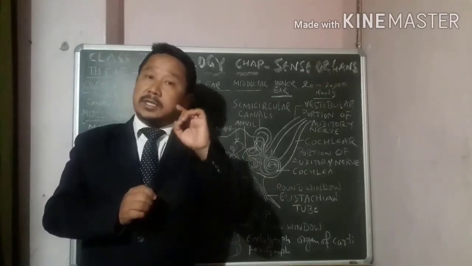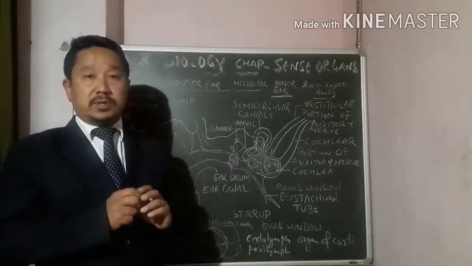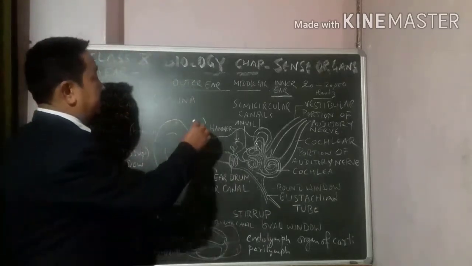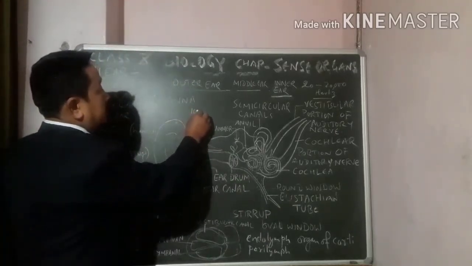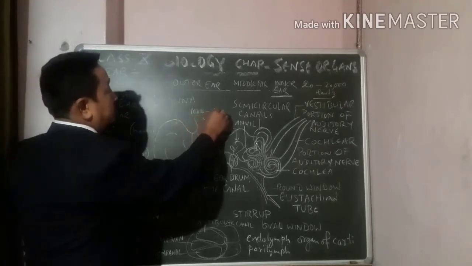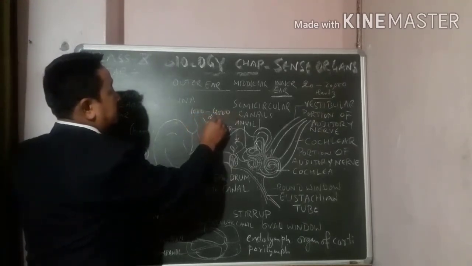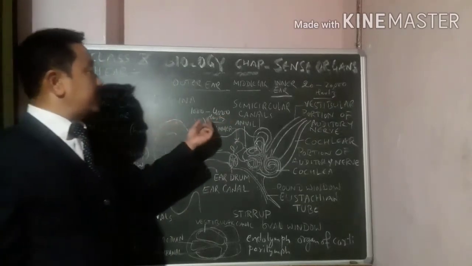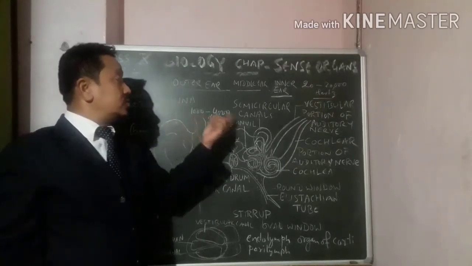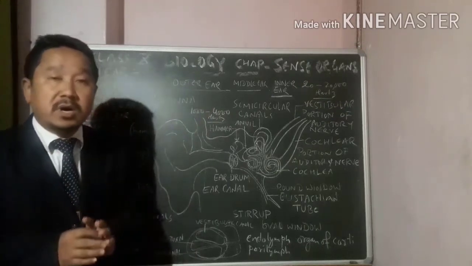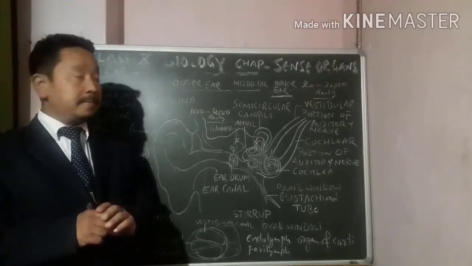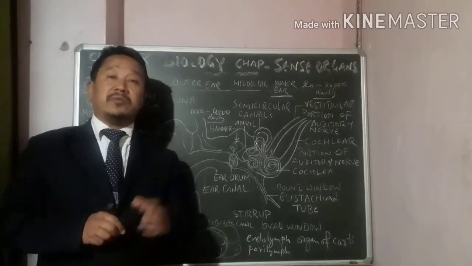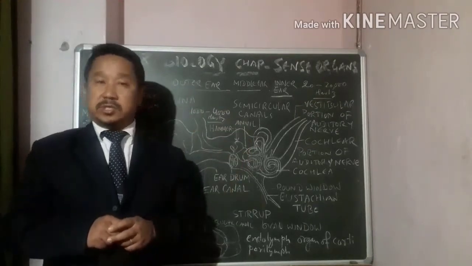But the sound which can be heard most clearly is between 1000 to 4000 hertz. You see, dogs can even perceive sounds of higher frequencies also.